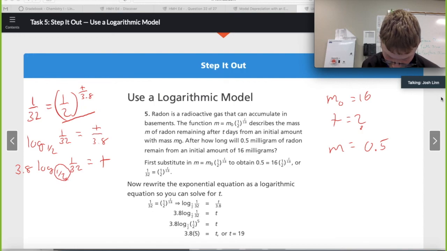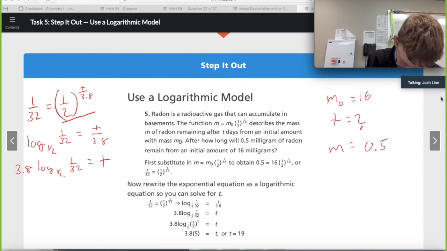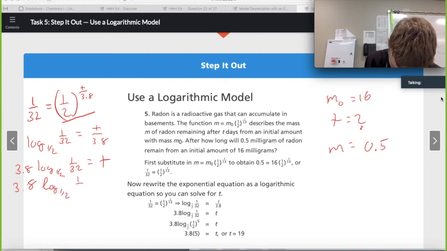So that means we can rewrite 1 over 32 as 1 over 2 to the power of 5.